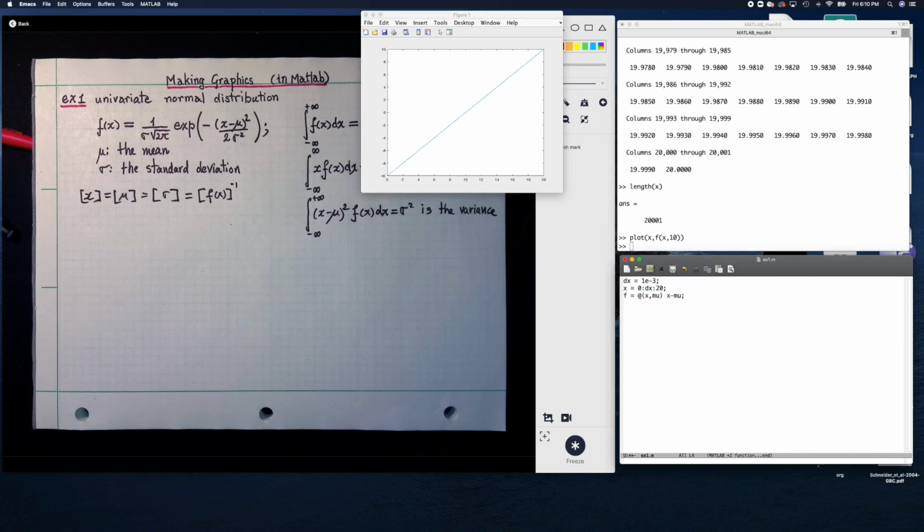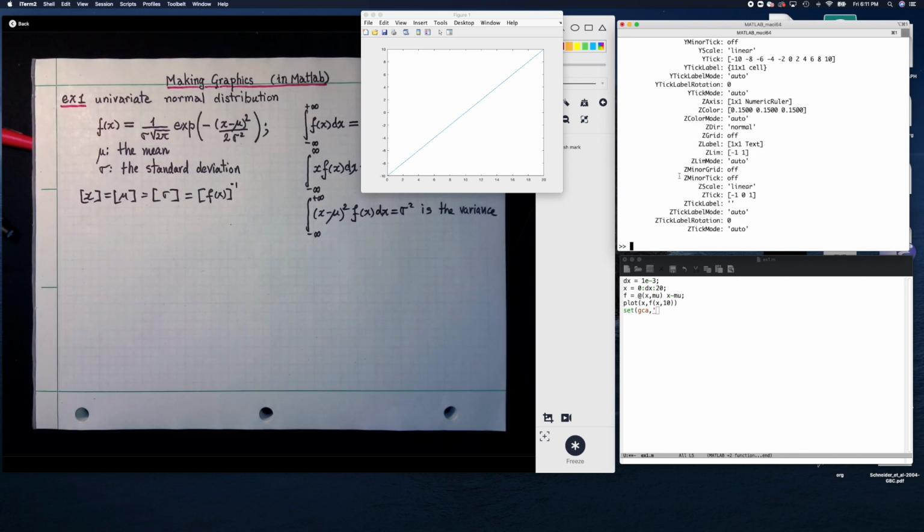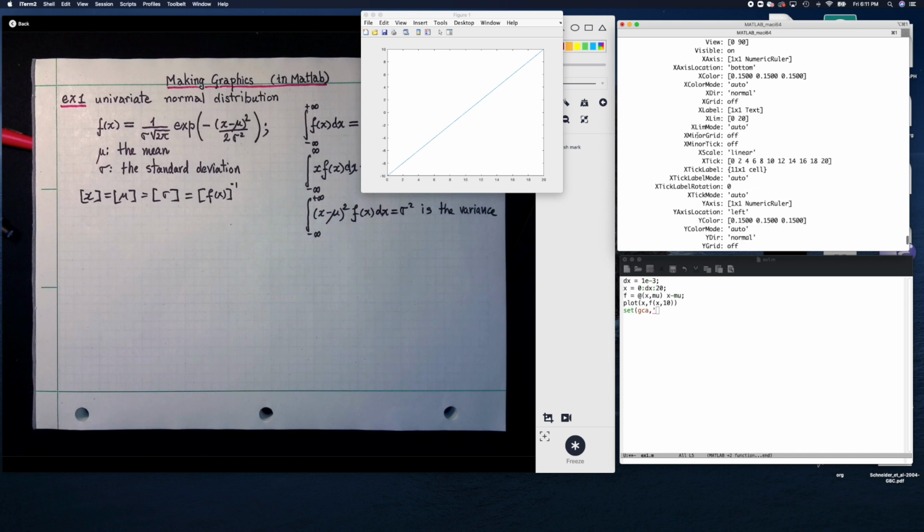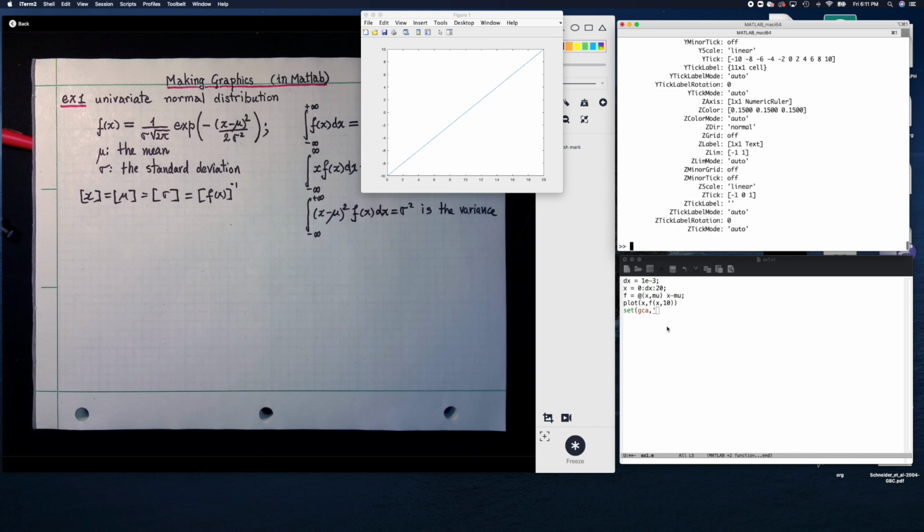So I'm going to plot x, f of x and 10, like this, and then I'm going to make the font size bigger so you can see. So set, and there's a key variable after you make a plot called get current axis, GCA, and it has properties. So if I do get GCA, I can see all the properties that can be modified to make the plot prettier.